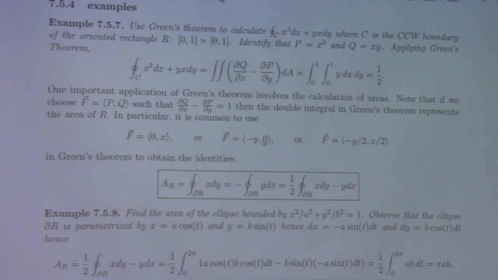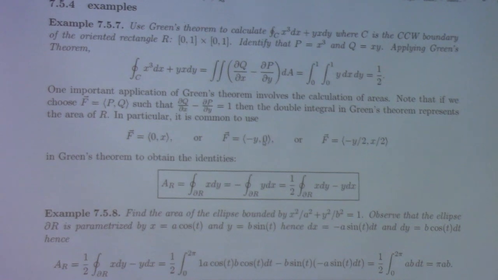Green's theorem is a very important theorem to know about, because if I say calculate a line integral around a closed curve, it may be that Green's theorem makes it way, way easier.